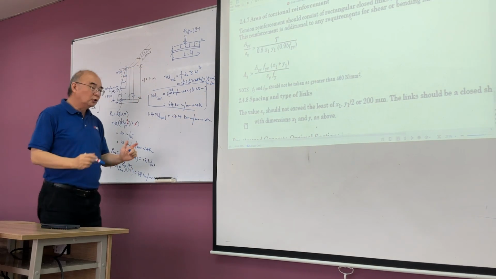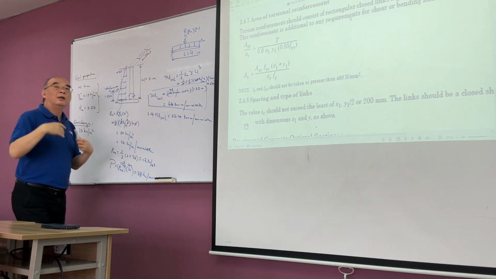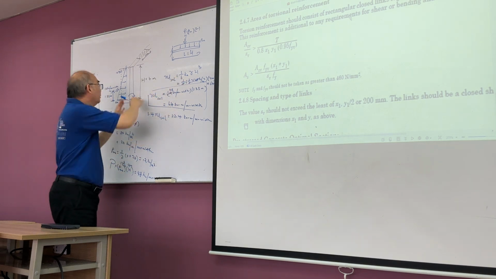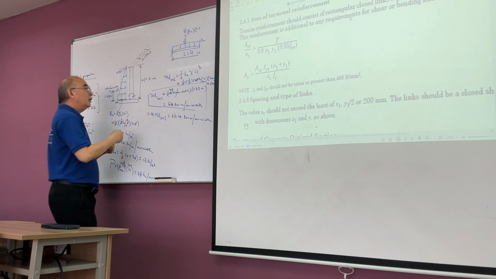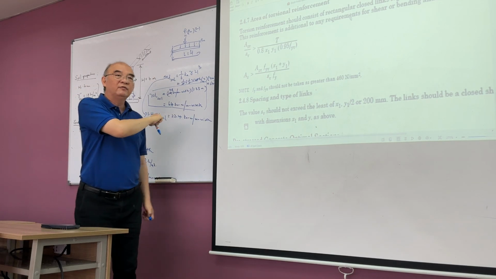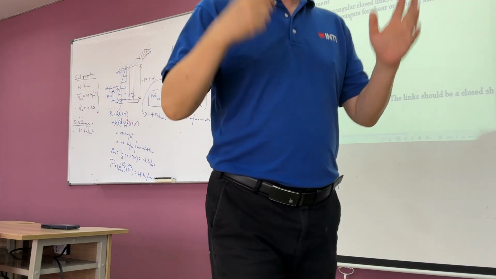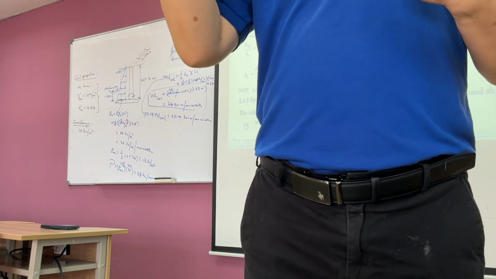Okay. So I would encourage the students to remember this formula. Then you don't need to go through all this. Understand? Okay. Then after that, don't forget to apply the factor load. Okay, alright. So now just remember 16 Ka gamma H cube.